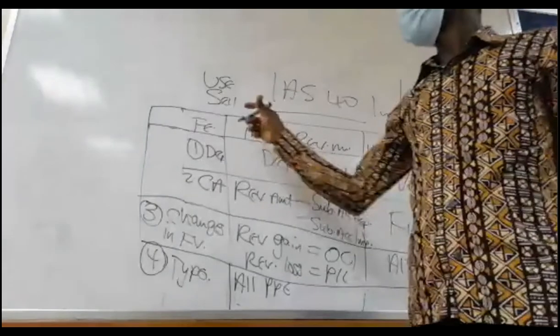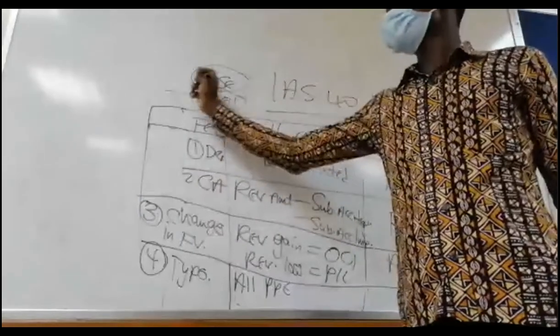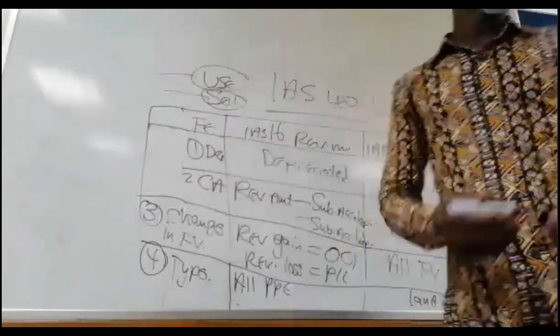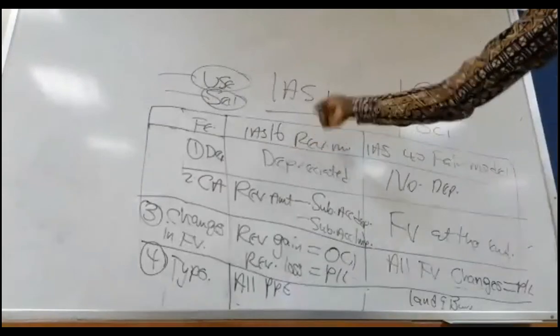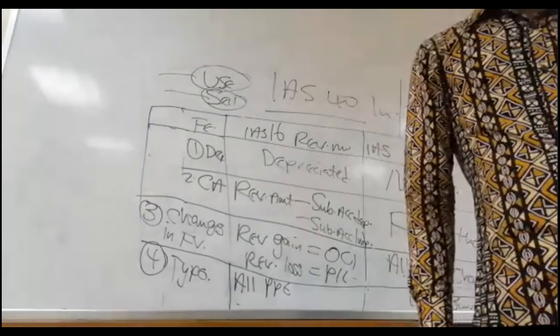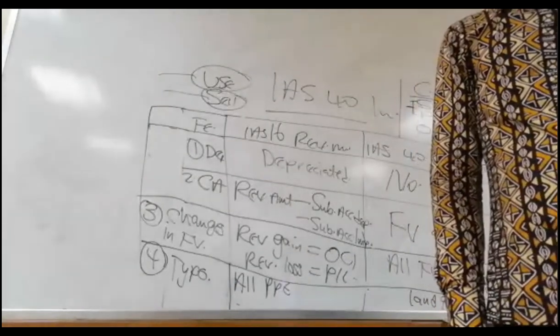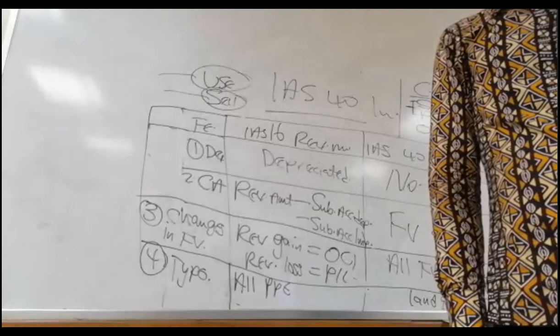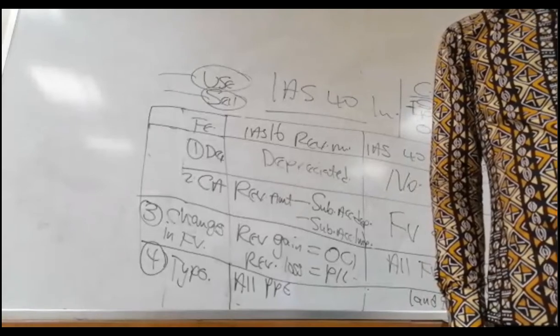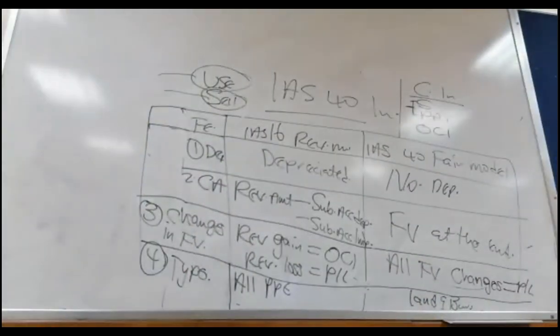Assets you are going to sell are inventory, IAS 2. Assets you are going to use, PPE. And assets you are going to rent, if it's land or building, investment property. Those are the forms of assets we have in our books.